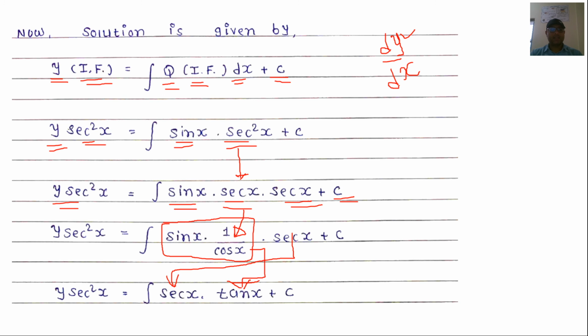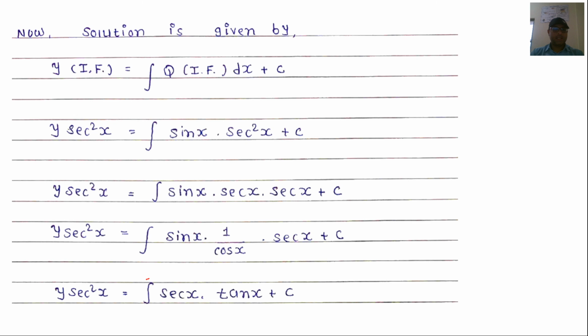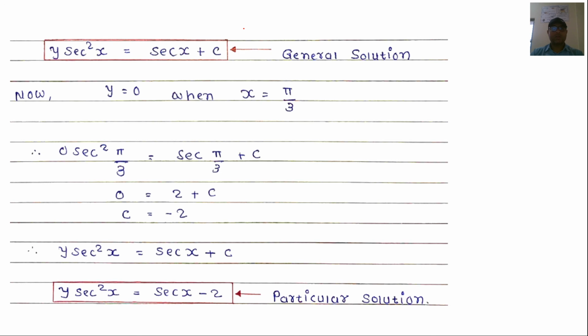Now integrating this, we know that the integration of sec x into tan x is sec x. So you will get y into sec square x is equal to sec x plus c. Now this is the general solution of the given first order linear differential equation.